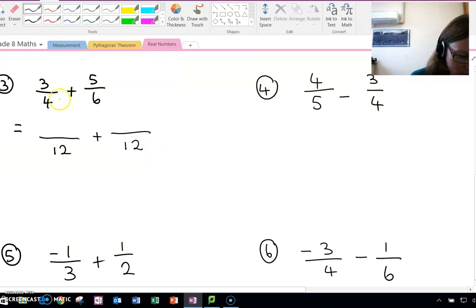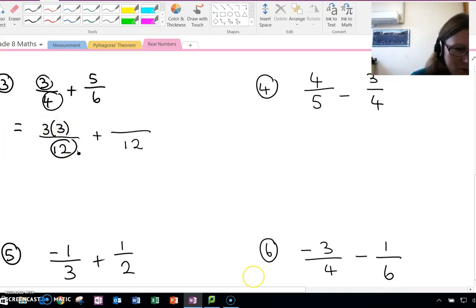Then what you do is you say, what did I do to 4 to get it to 12? So what did I times 4 by to get it to 12? And the answer is 3. So that's the number I started with on the top, 3, and I need to multiply that by 3. Whatever I did to the bottom, remember I multiplied the bottom by 3 to get 12, so I must multiply the top by 3.